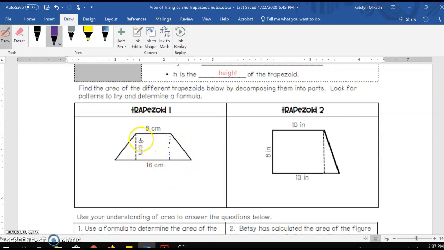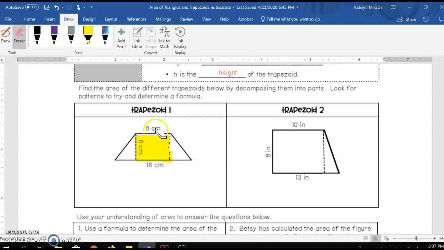Now, we have the height of the rectangle, if we're just looking at that piece. We have 16 down here, but that 16 is referring to this whole base, the whole length of the shape. If we're just looking at the rectangle, we wouldn't want to use that 16.